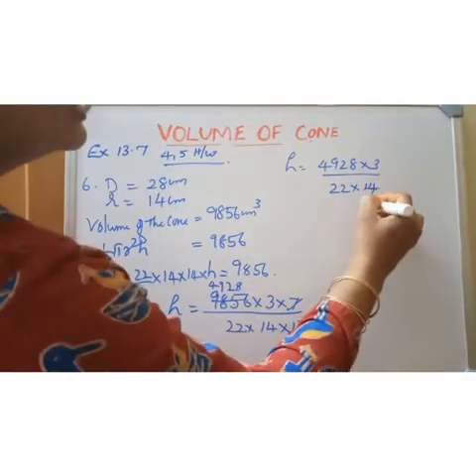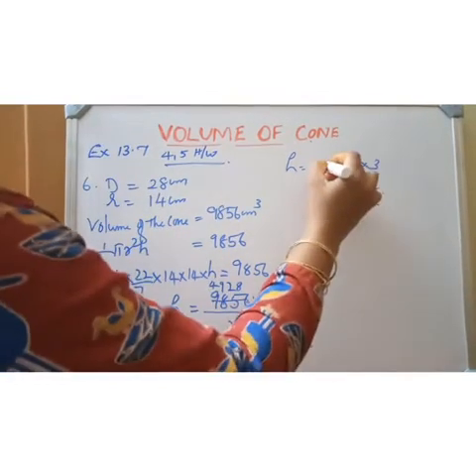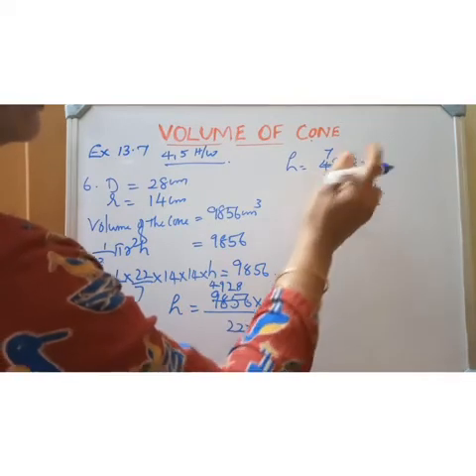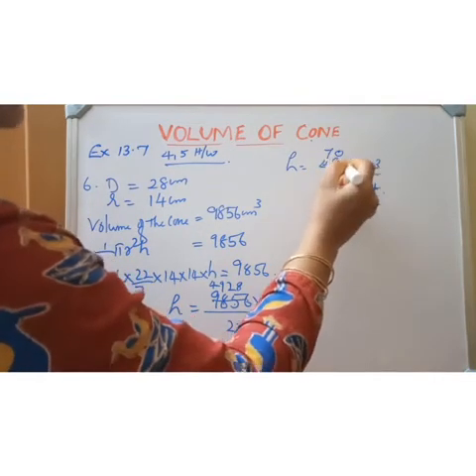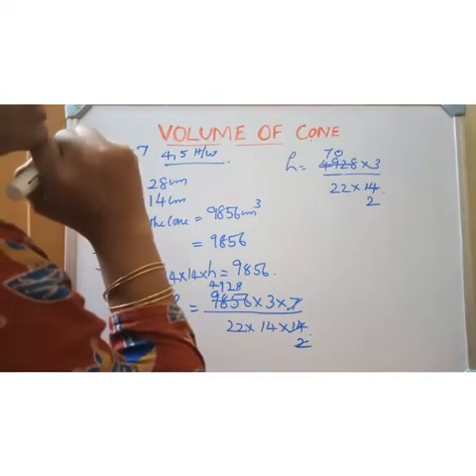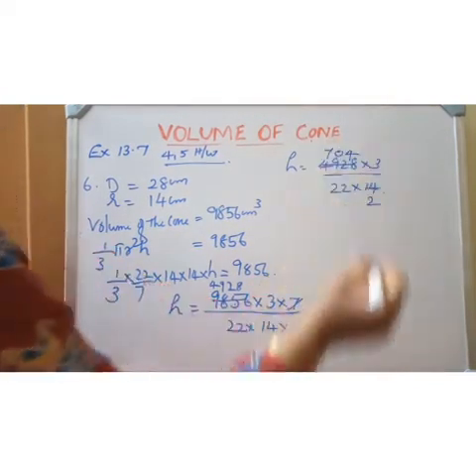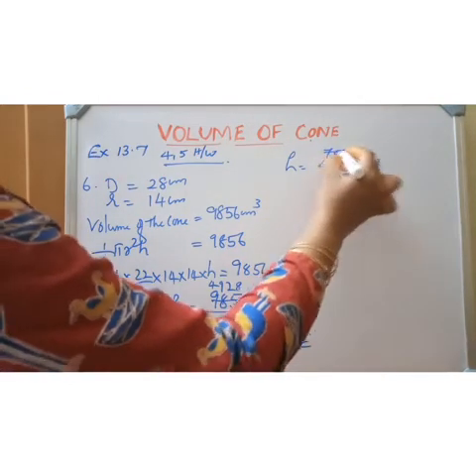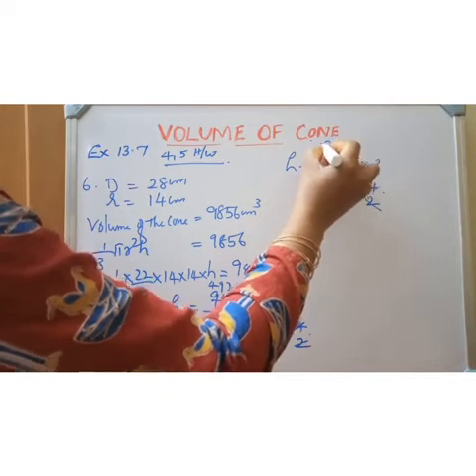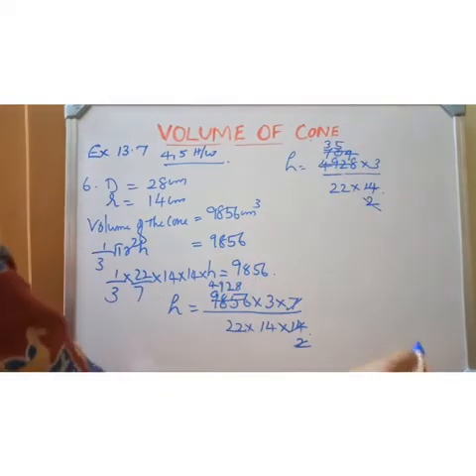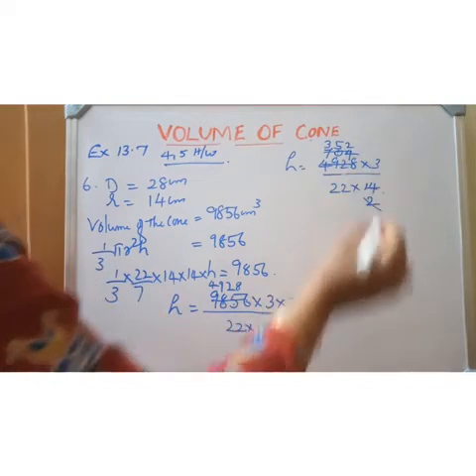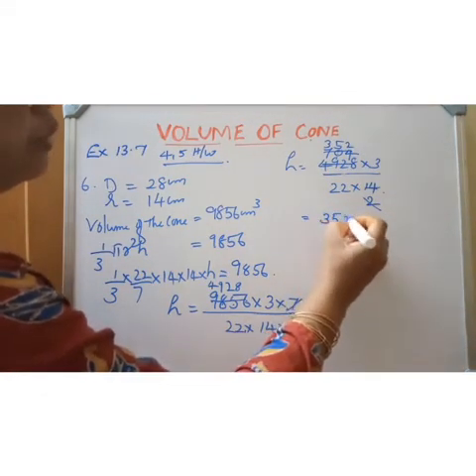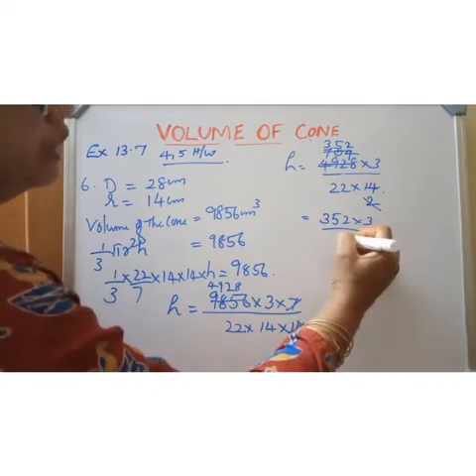So 2 7s are 14. 7 7s are 49. 2 divided by 7 is not possible. So what you have to write? 0. 28. How many 7s are 28? 4 7s are 28. Understood? Then again I am doing with the 2 table. 704. 3 2s are 6. Balance 1. 5 2s are 10. Okay. So what is the rest here? 352 into 3 divided by 22.